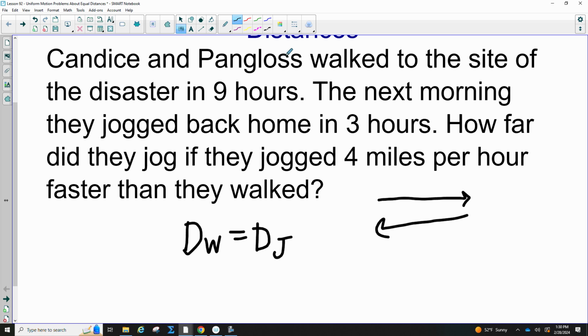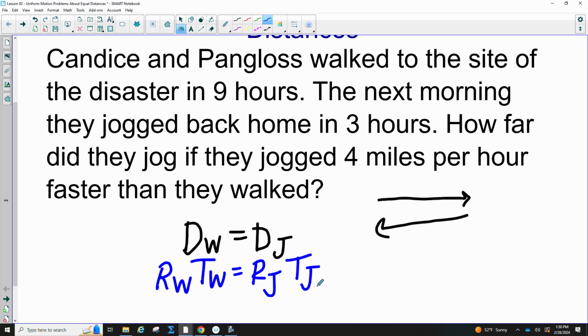Then you replace distance with rate times time. Distance is always equal to rate times time, okay? So this is going to be rate walking times time walking equals rate jogging times time jogging. Okay, you will always do distance equals distance, and you will always do rate times time equals rate times time.